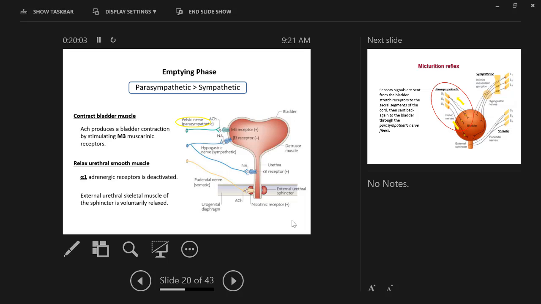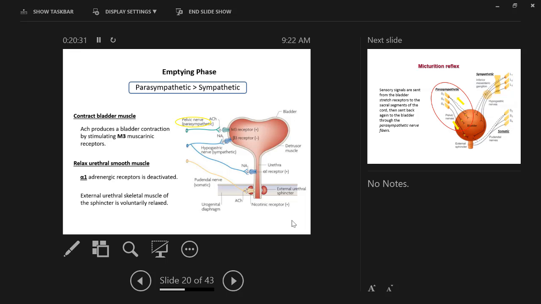That's why it says plus. At the same time, the sympathetic nervous system is deactivated. So it's not active here. Not inhibited, but not active, so you're more relaxed. That way, urine can come out of the bladder and then go down all the way through the urethra.